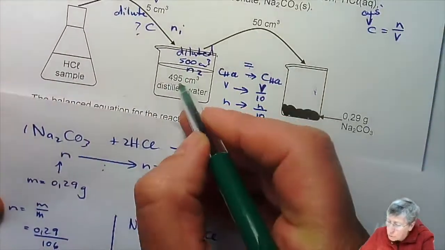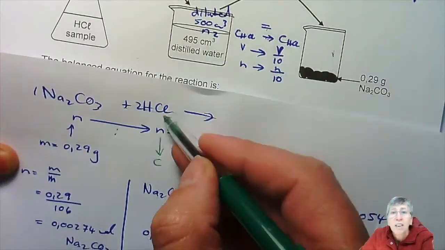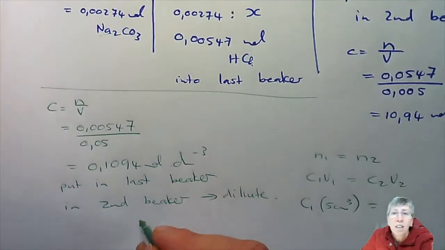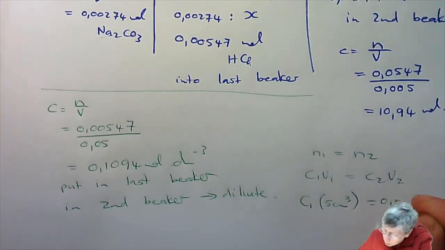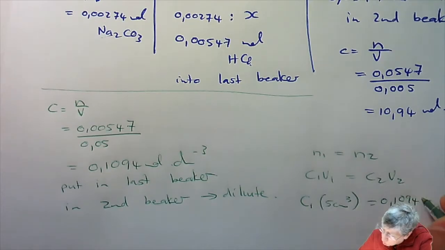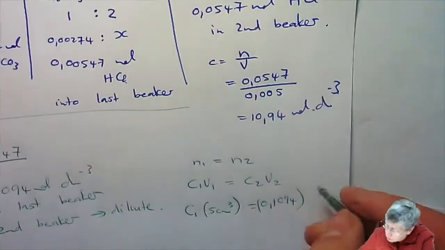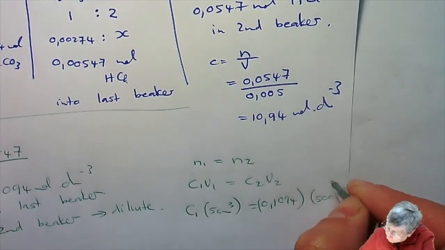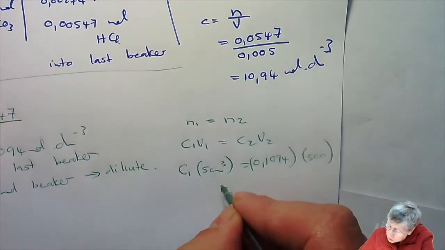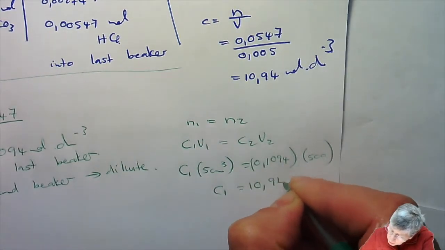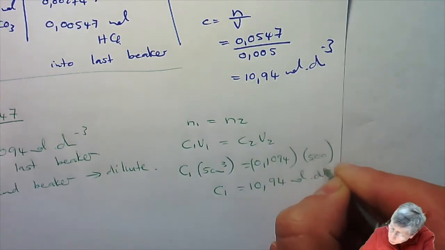And then afterwards, the concentration over here, remember, it stayed constant, and that was 0,1094. And the new volume over there was 500 cube centimeters. Right. So if you do that, you end up with 10,94 mole per cube decimeter.